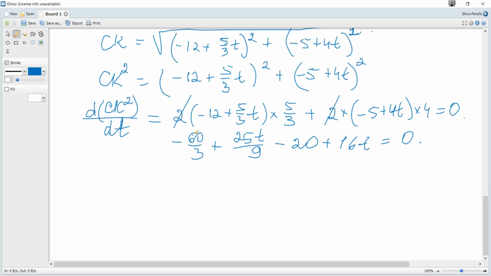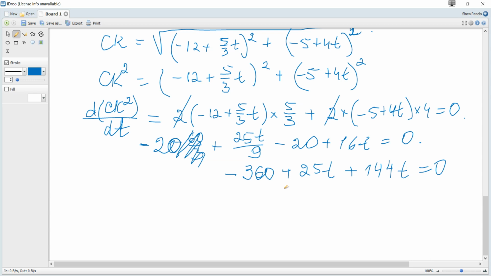It's just negative 20, and it becomes negative 40, and let's multiply each term by 9, and we get negative 160 plus 25t plus, and 16 multiplied by 9 is 144t, equal to 0.